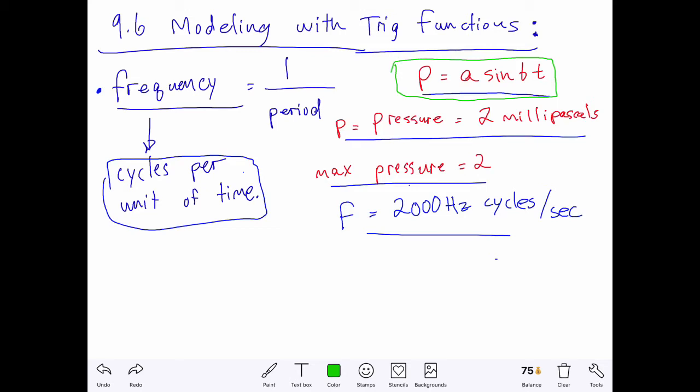Okay, so first thing we want to do is use frequency to solve for maybe period, or B in this case. So frequency is 1 over the period. But remember, my period is defined as 2 pi over the absolute value of B, right? Okay, this portion here is my period.